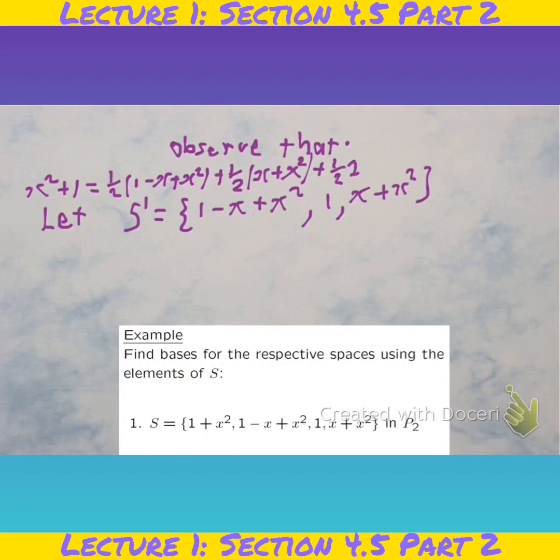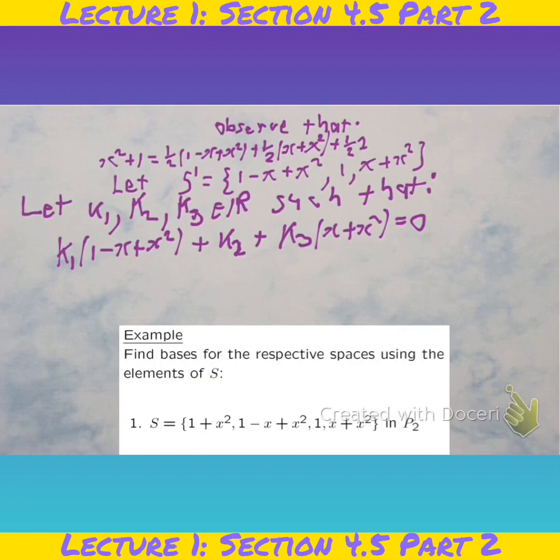And I already have the required number of vectors in S prime. There are 3 vectors and the dimension is 3, so all I need to do is check that S prime is linearly independent, because if it's linearly independent it will automatically be a spanning set as well. Okay, so let's take scalars k1, k2, k3 such that that linear combination holds there with the 0 vector on the right hand side, and then again we're going to solve and get the following.